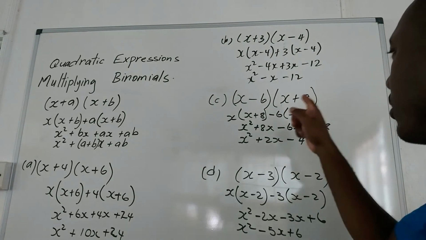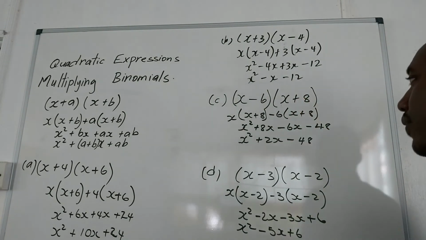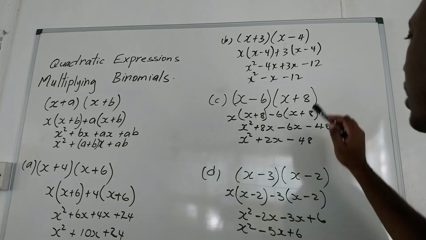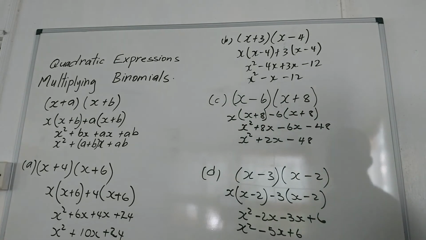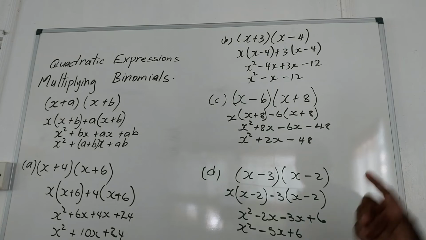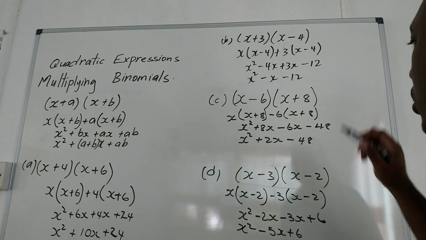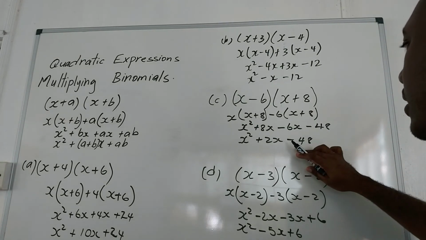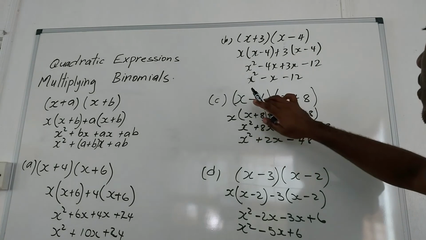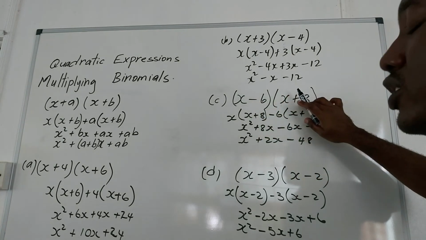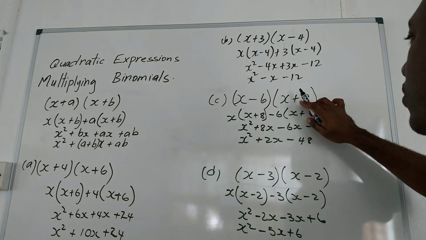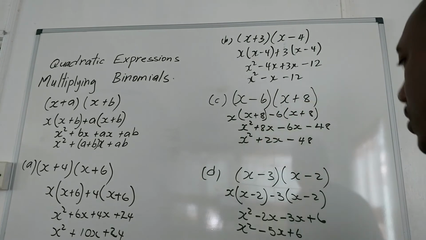Here again, look at another example. We have a positive and a negative. When we multiply, notice C is negative and B takes the sign of the larger number. So therefore, B is positive.